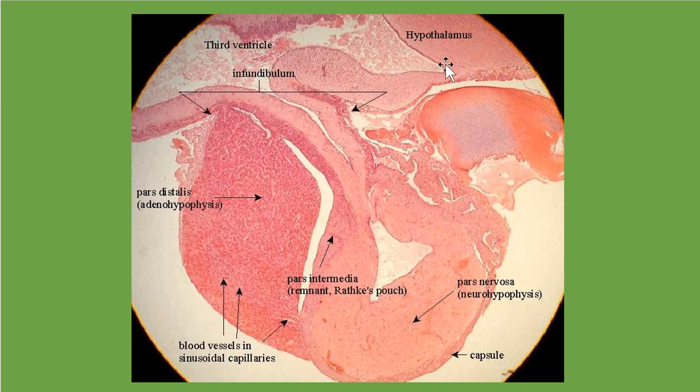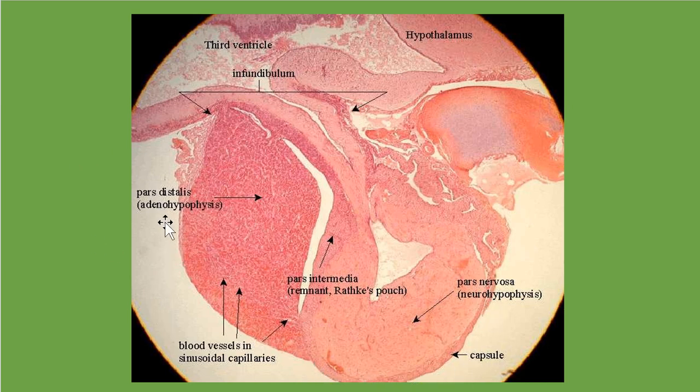The posterior pituitary is getting its hormones directly from the hypothalamus, so the hypothalamus is able to send those hormones down via the infundibulum here and send the hormones directly down into the posterior pituitary. Now, it does have a capsule that surrounds it, which you can see there.